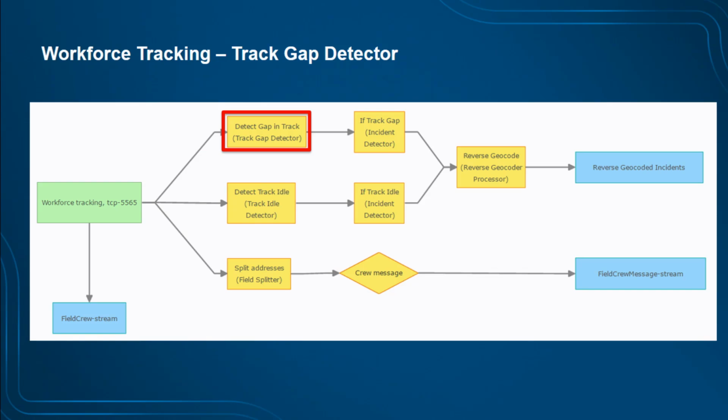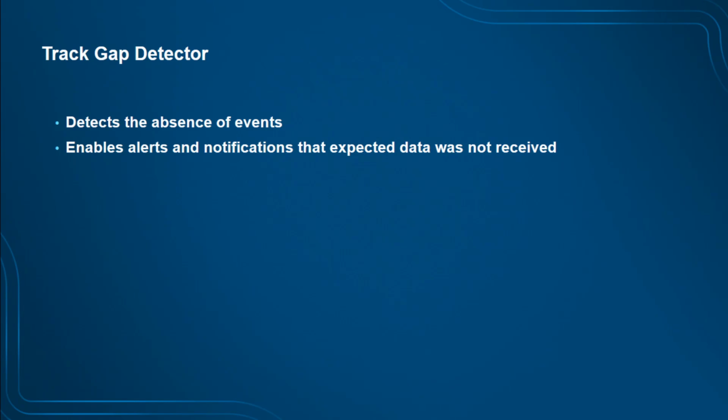Now moving on to the track gap detector, and I'll highlight the track gap detector. Conceptually, it's very similar to the track idle detector, so I'll describe the track gap detector in detail and then summarize the track idle detector. But basically, the track gap detector watches for a gap in the flow of messages that's coming from the sensor.